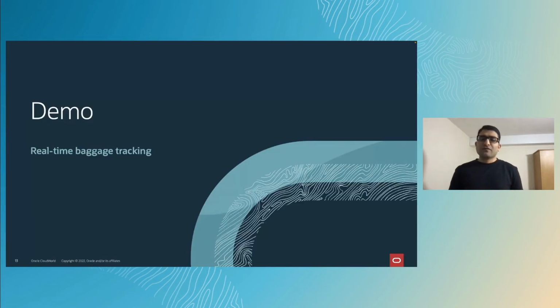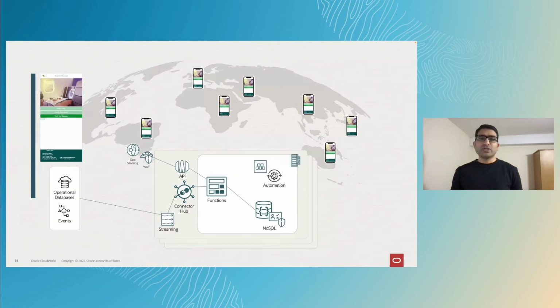Now, with that overview of functions and the new capability called pre-built functions, let's see how you can leverage functions for developing production-ready applications. For the demo, I'm going to use a real use case where passengers can track their baggage information in real time using a mobile application.